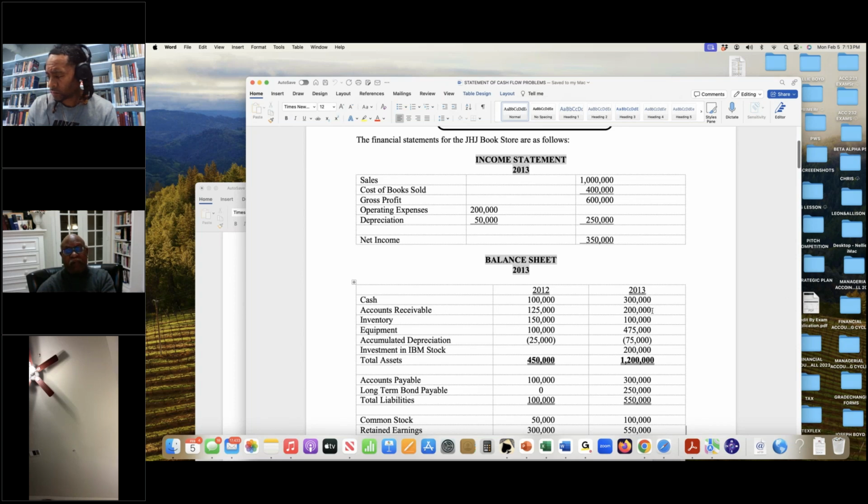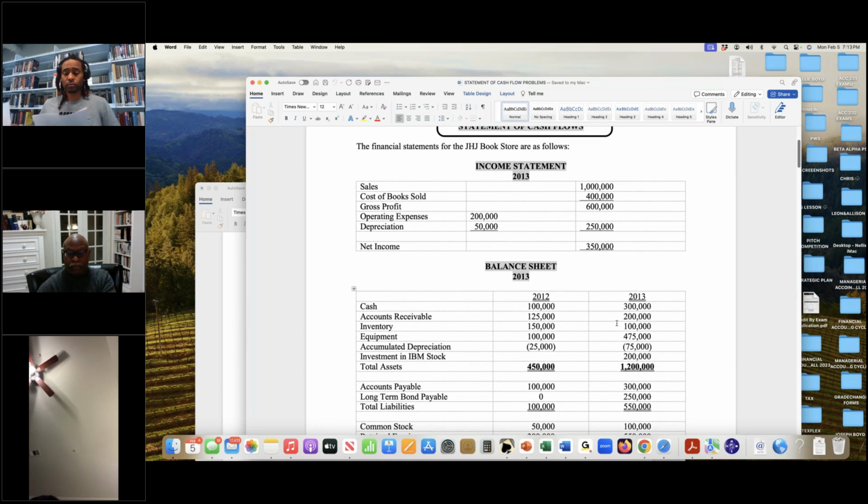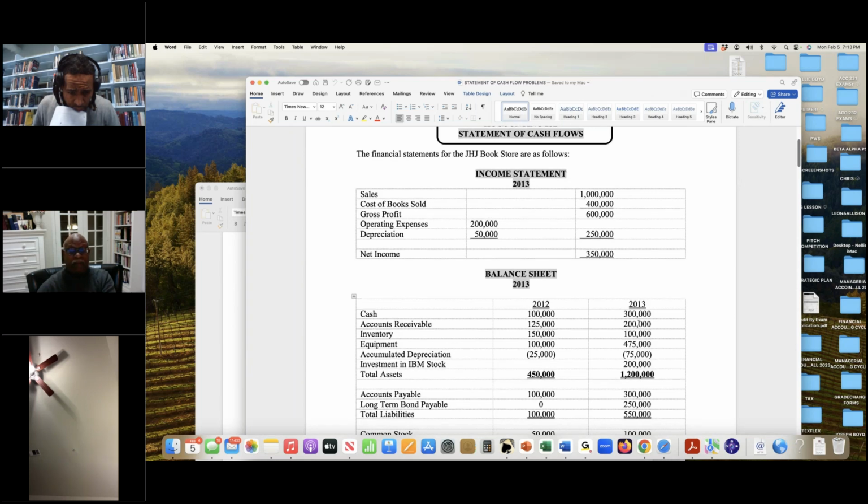If the asset goes up, that means you had expenditures to do that. So that's a use. So everybody working on problem one, you should be showing accounts receivable as a current asset in part one, and because it went up, this 75,000 is a use.